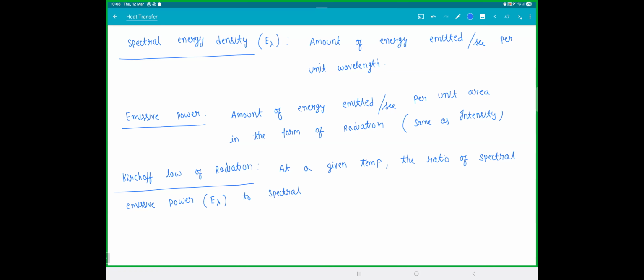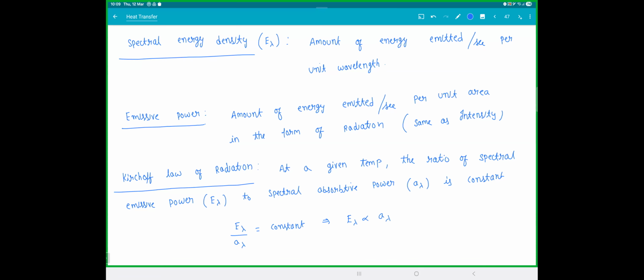Spectral absorptive power is how much energy you are absorbing for a given wavelength. The moment you see the word spectral, they're talking about wavelength. But what does this mean in simple words? This says E lambda by A lambda is constant. So E lambda is proportional to A lambda.